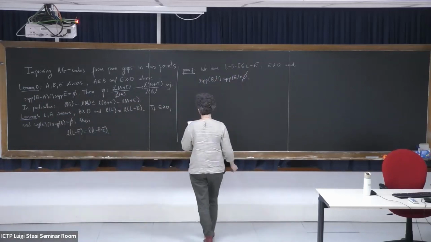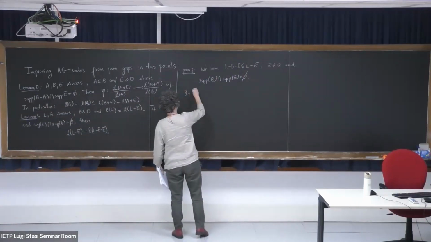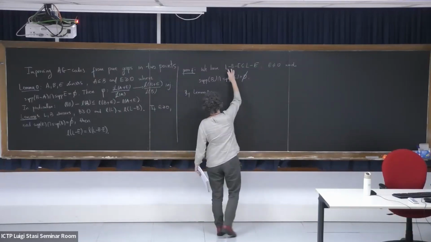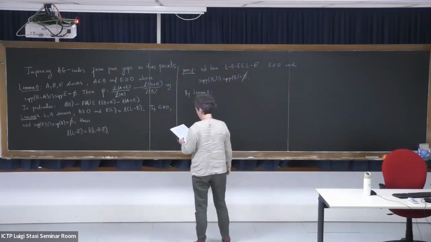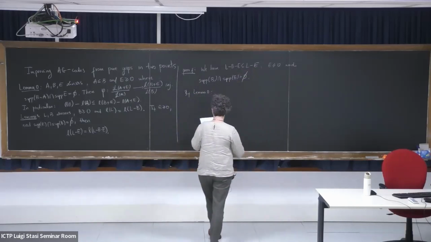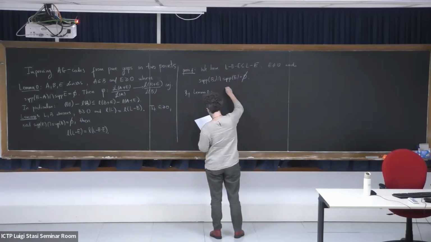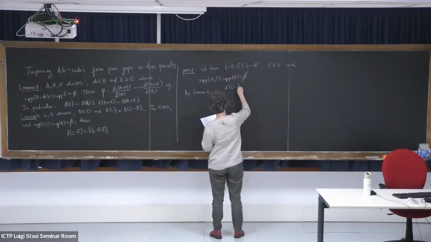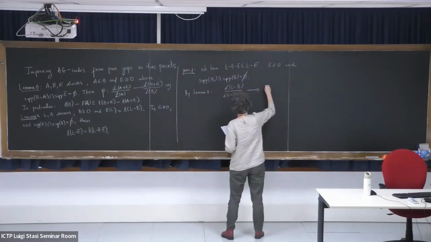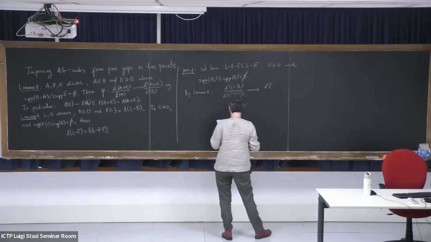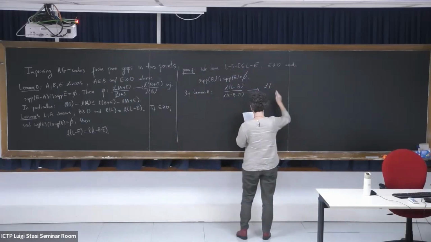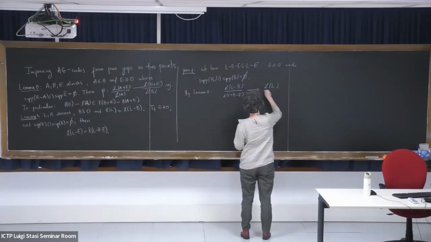Okay? So by lemma 0, this will be A, this B. So by lemma 0, what do we get? We have the quotient of L(L minus B) over L(L minus B minus E), and here L(L) over L(L minus E).